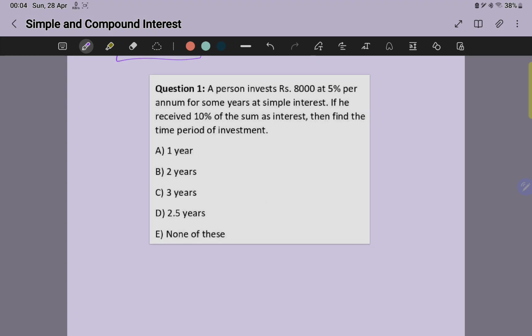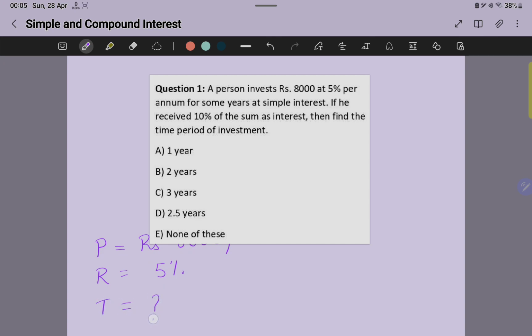Now students, I have got a question for you all. First of all, read the question. A person invests rupees 8,000 at 5% per annum for some years at simple interest. So the first thing that we've got is our principal amount, which is rupees 8,000 and a rate of 5%. But you can see in this question that no time is given.